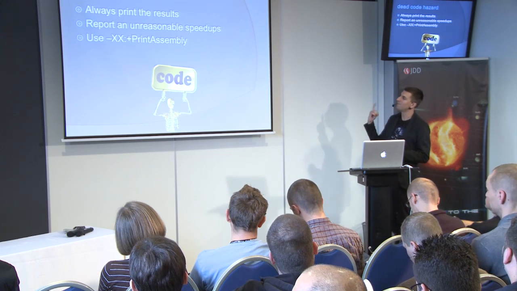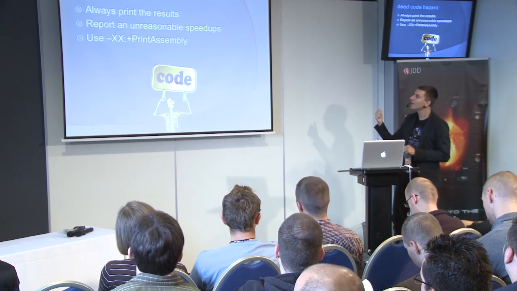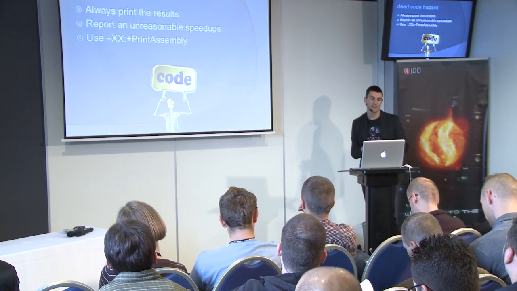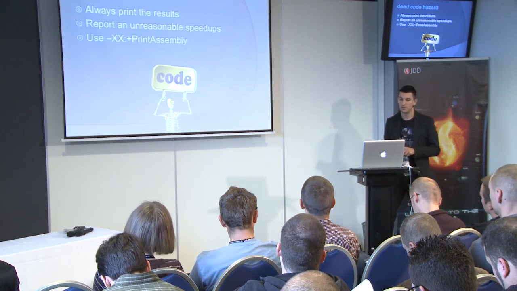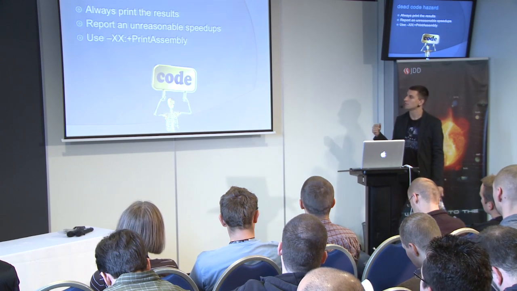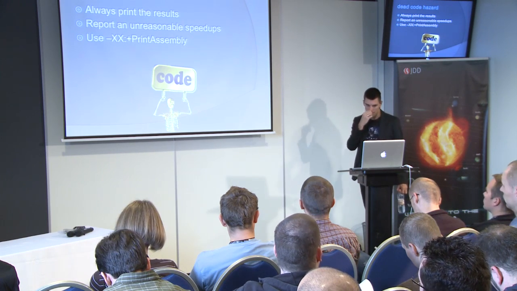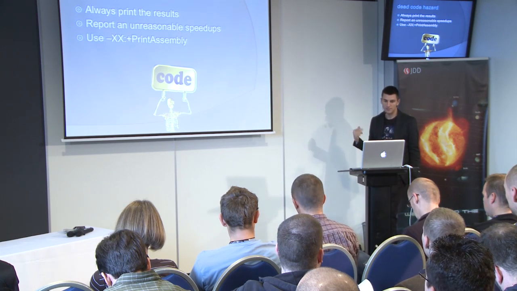A great flag, really useful and powerful, is the PrintAssembly flag. Unfortunately, it can be used only with a debug JVM, so debug OpenJDK, or there is the Kenai project, and they are also offering the HotSpot disassembler.